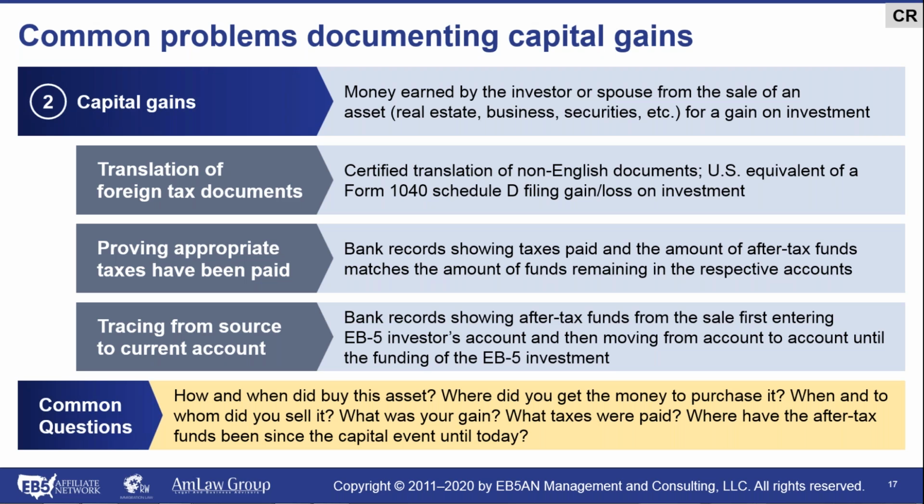Showing appropriate taxes have been paid is generally not a problem. Providing the requisite governmental filings or forms to show payment of the taxes. In Russia, the primary residence is free from taxation if, as I recall, it's been held by the owner for 5 years. For a long time, they only had to hold it for 3 years.